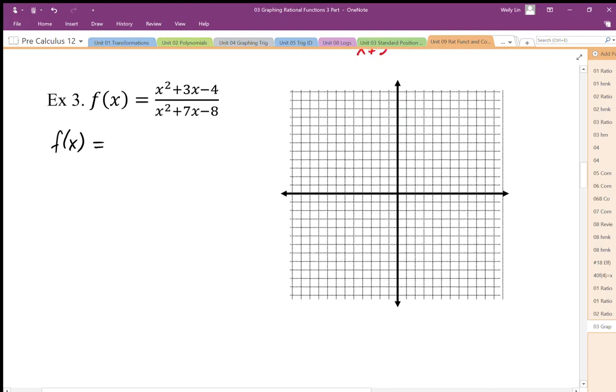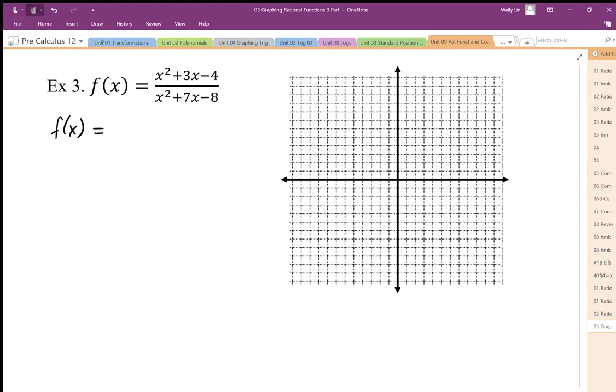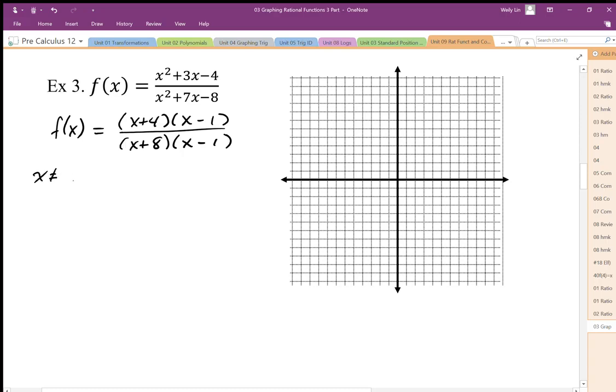So going back to this example here, we're going to factor this. x plus 4, x minus 1, x plus 8, x minus 1. So I have a restriction. x is not equal to -8, x is not equal to +1.